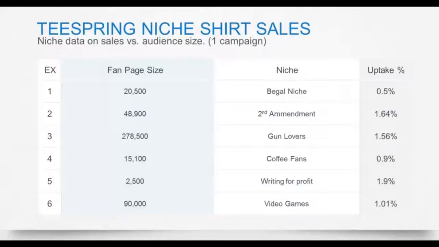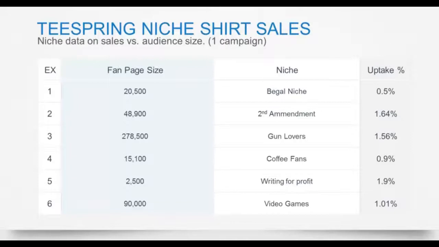Fan page size is 20,500 people. The uptake was 0.5%, so 0.5% of 20,500 people bought the shirt in that 7-day campaign. Now, did all 20,000 people see the shirt? Probably not, so those numbers are actually a little bit higher, but these are the on-average numbers for a campaign.